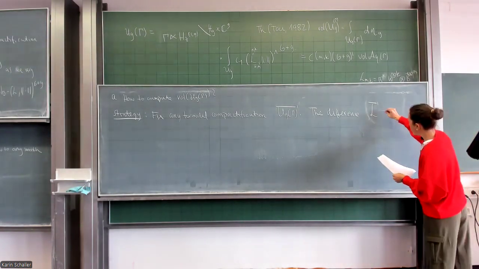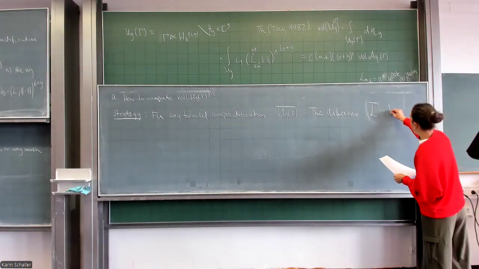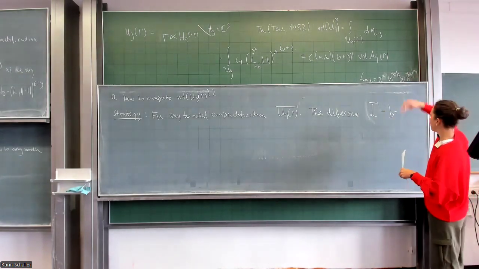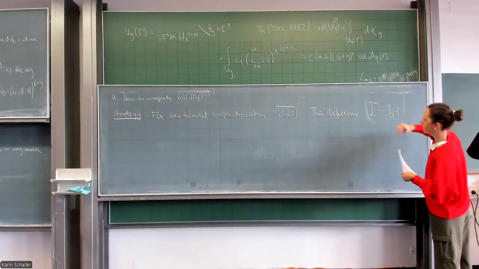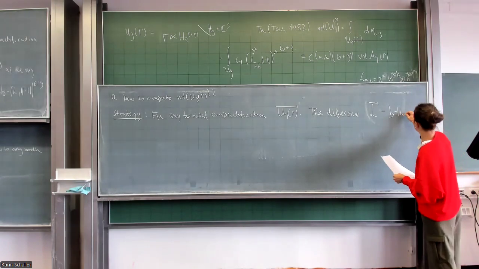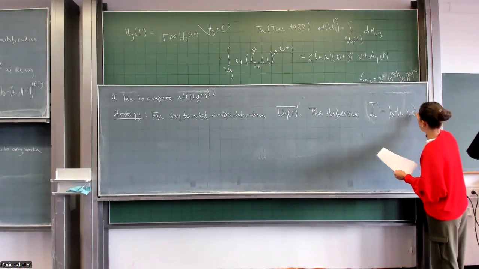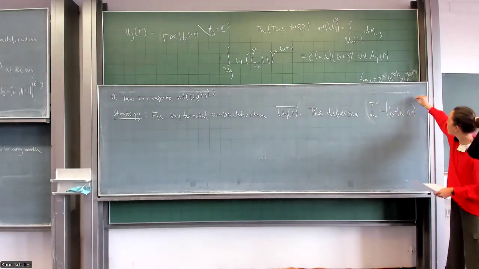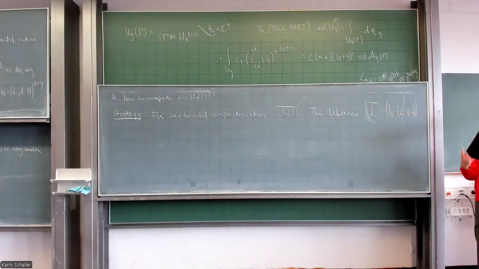So if I look at the difference between this extension at one level and this multiple extension, this b-Divisor BL, this is really just supported on the boundary of all different toroidal compactifications.